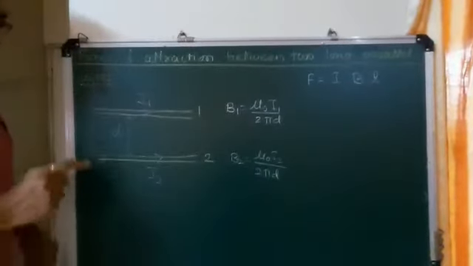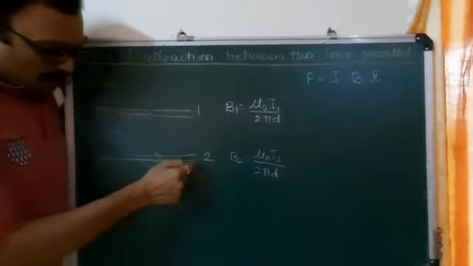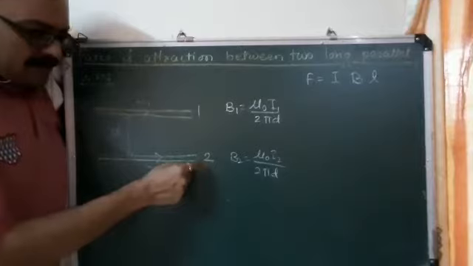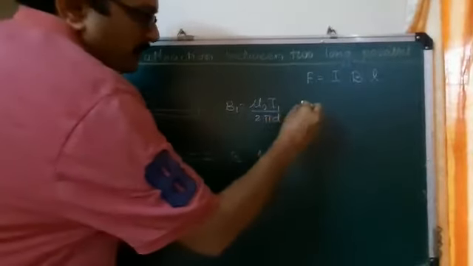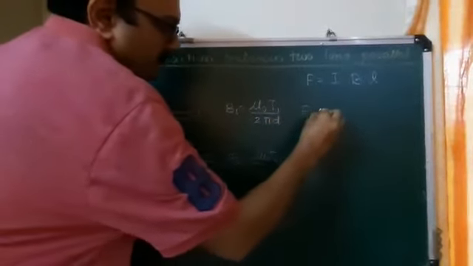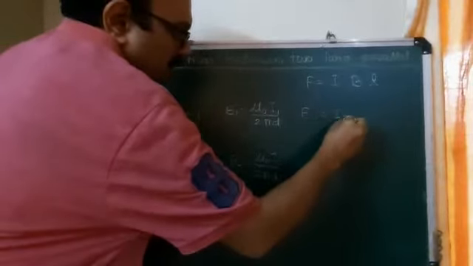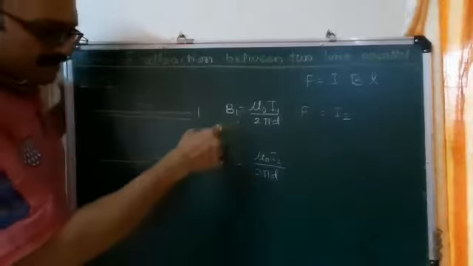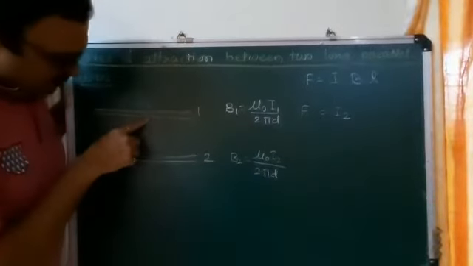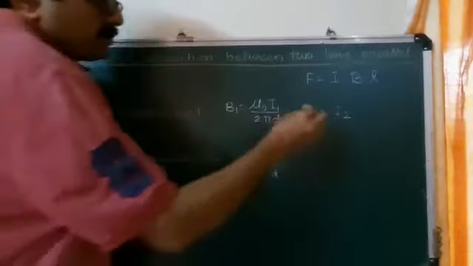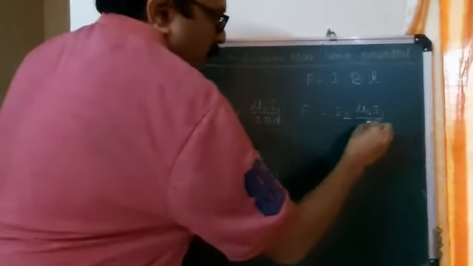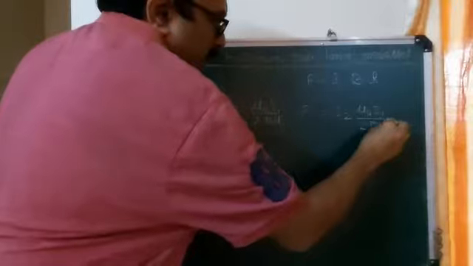Now we determine first of all the force on the second wire. The force on the second wire by the first wire will be F = I2, the current in the second wire, times the magnetic induction by the first wire on the second wire, mu 0 I1 upon 2 pi into d.